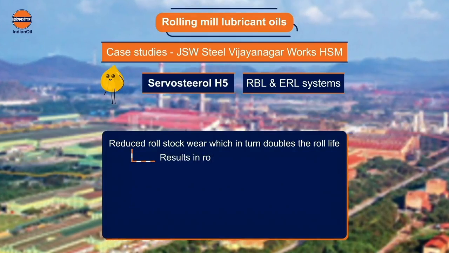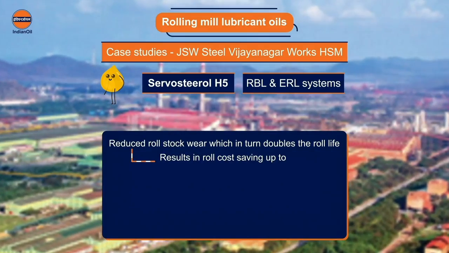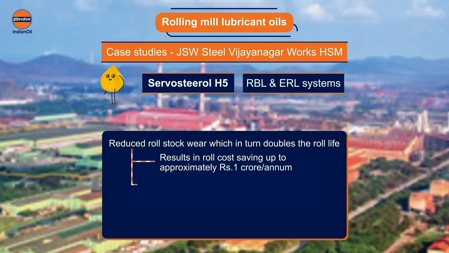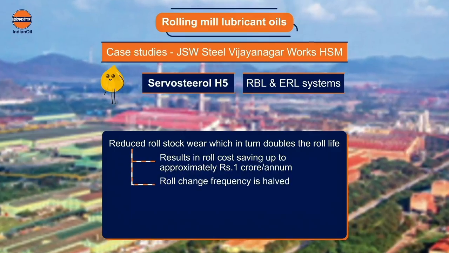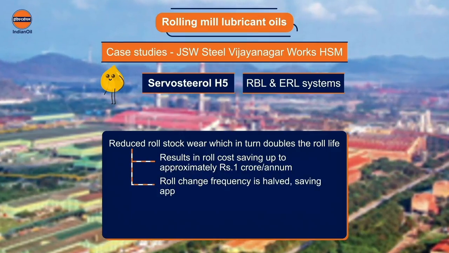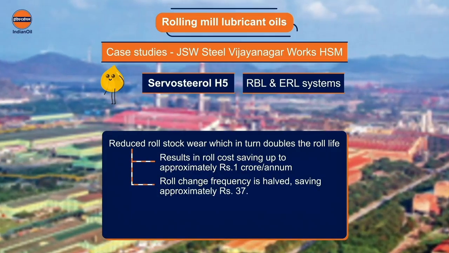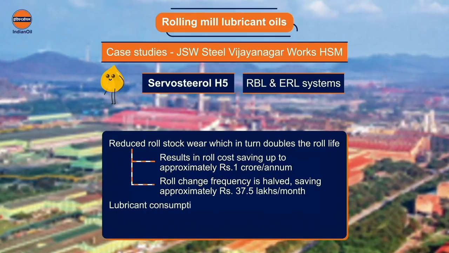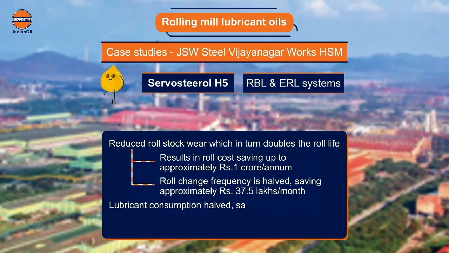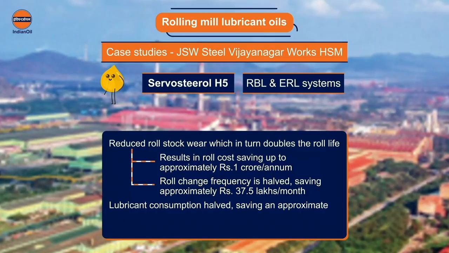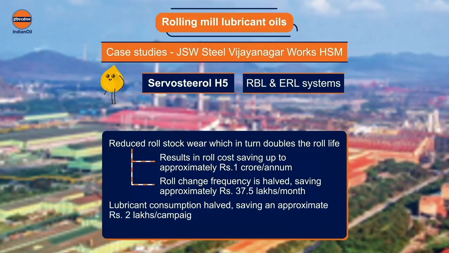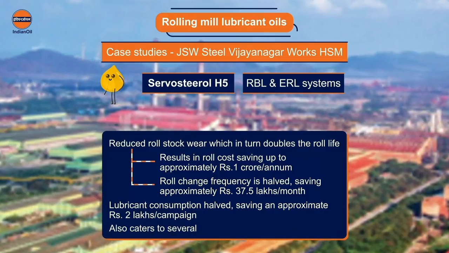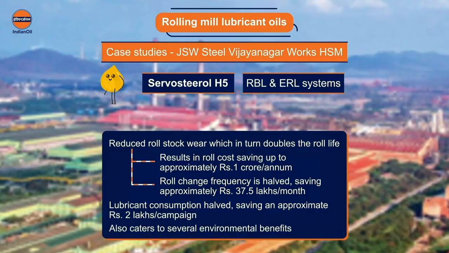This results in roll cost saving up to approximately rupees 1 crore per annum, and roll change frequency is halved, saving approximately rupees 37.5 lakhs per month. Lubricant consumption is halved, saving an approximate amount of rupees 2 lakhs per campaign. It also caters to several environmental benefits.